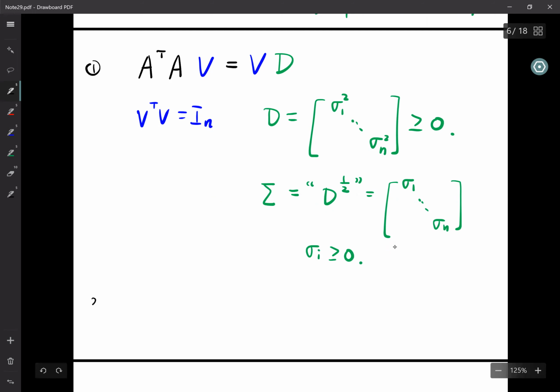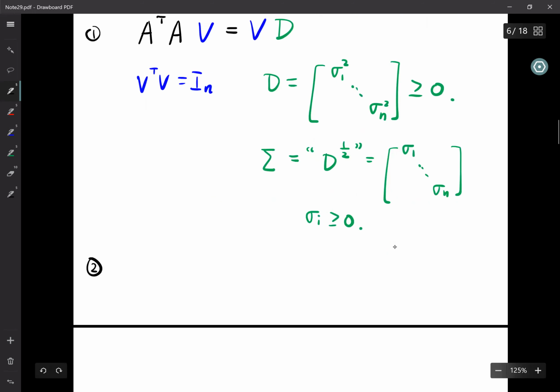The second step is to define a U. The procedure looks a little bit magical at the beginning, but we're going to explain further.